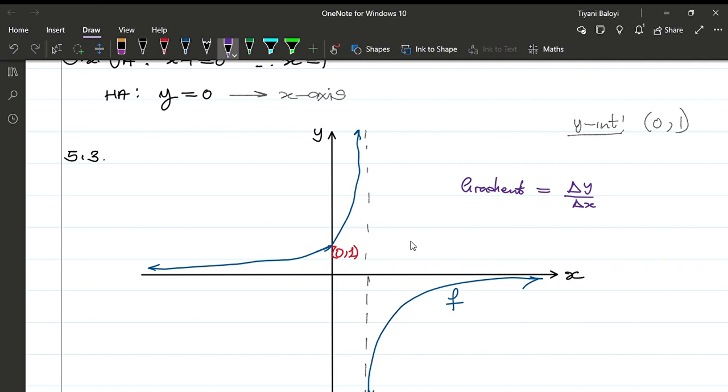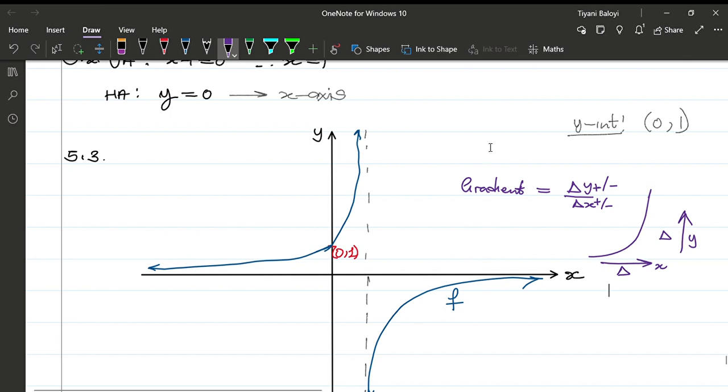When the change in y is positive and the change in x is positive, or both are negative, what do we expect? A positive gradient. So if you are moving in this direction, your x values are increasing, your y values are increasing. We have a positive change in y and a positive change in x, so it means you have an increasing function.